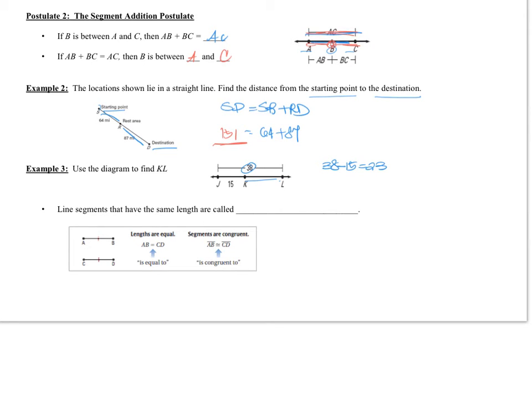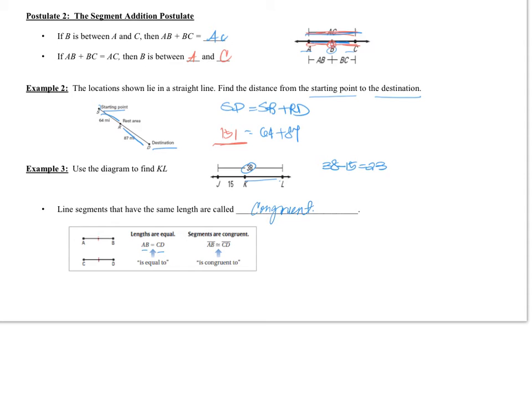Line segments that have the same length are called congruent. Now, when we express lengths that are equal using symbols and letters, we would use the equal sign, with AB equal to CD.